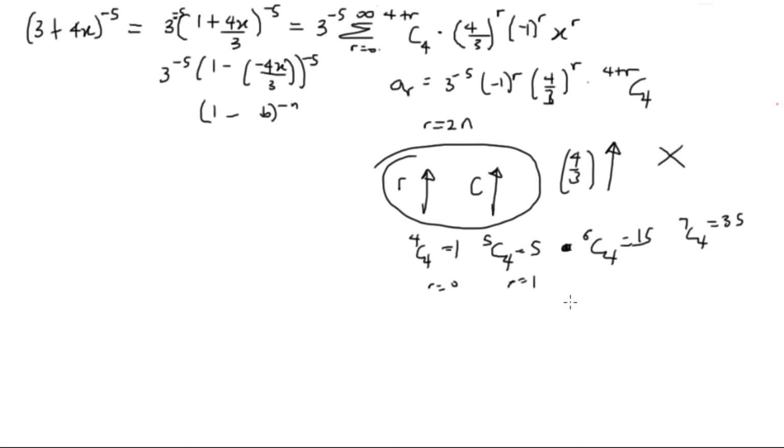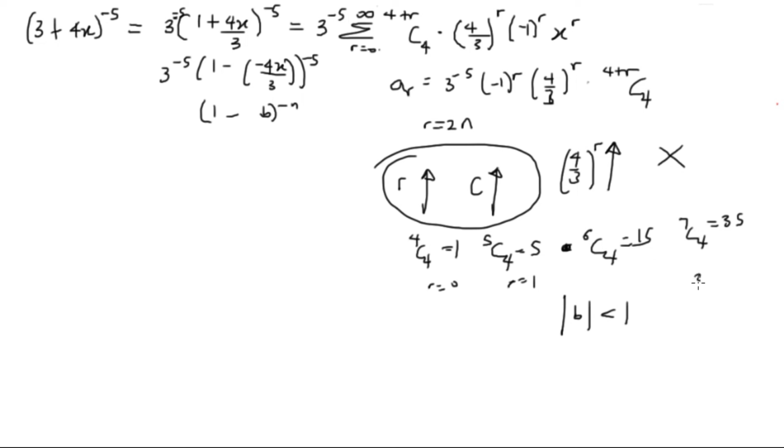It must decrease. That means the absolute value of b should be less than 1 for us to be able to have a greatest coefficient. For this one, 4 over 3 is like 1 point something, so if I increase the r value by 0, 1, 2, the value will begin to increase.